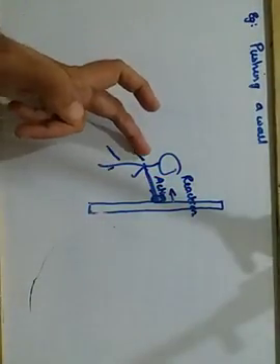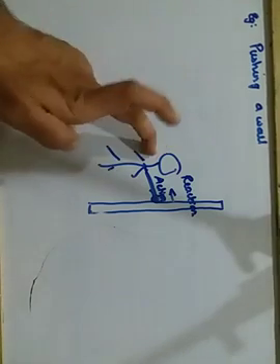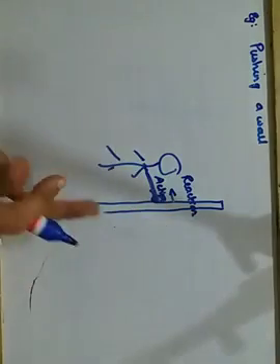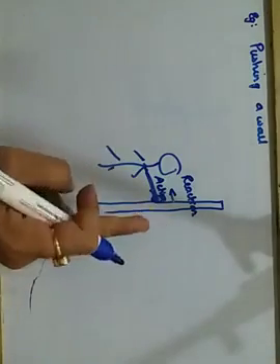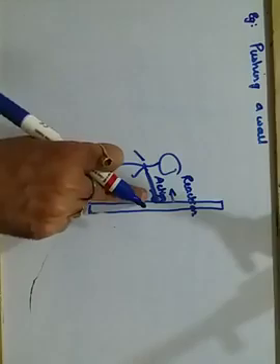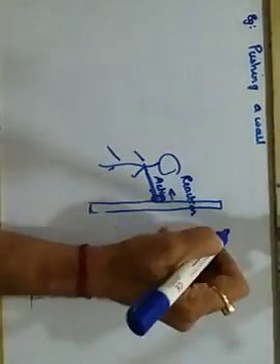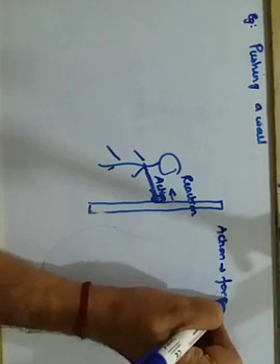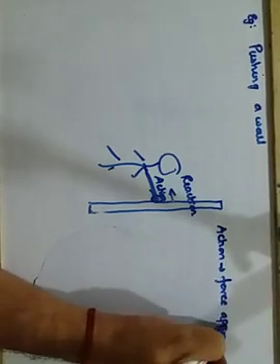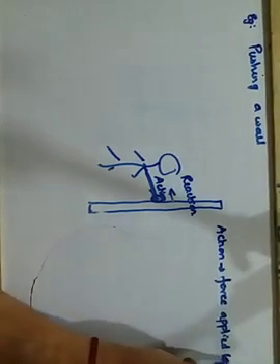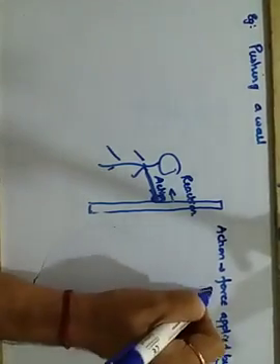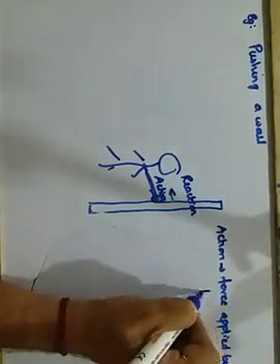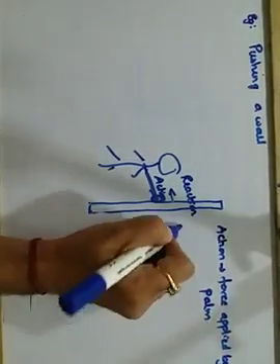The force applied by your palm, that is you, on the wall is your action, and the reaction is the force applied or exerted by the wall on your palm. Getting it? So here I can say that action is the force applied by the palm, and what is the reaction?